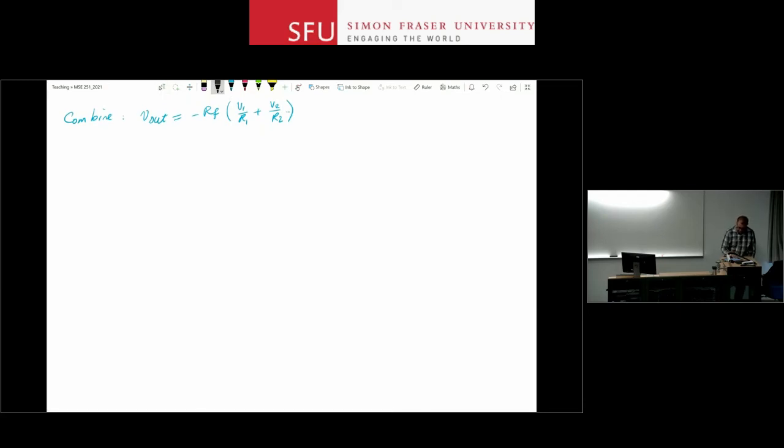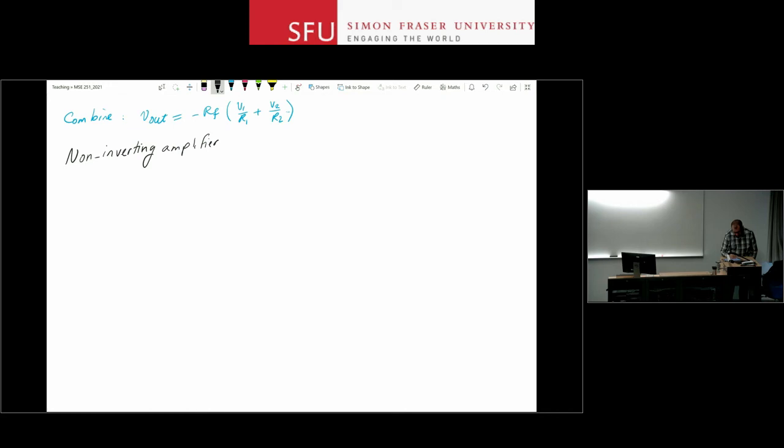Okay, so now let's talk about a different type of amplifier with an op-amp. Let's say that you're for some reason bothered with that negative sign and you want to get rid of it. So there's going to be a different category of amplifiers. It's called a non-inverting amplifier.